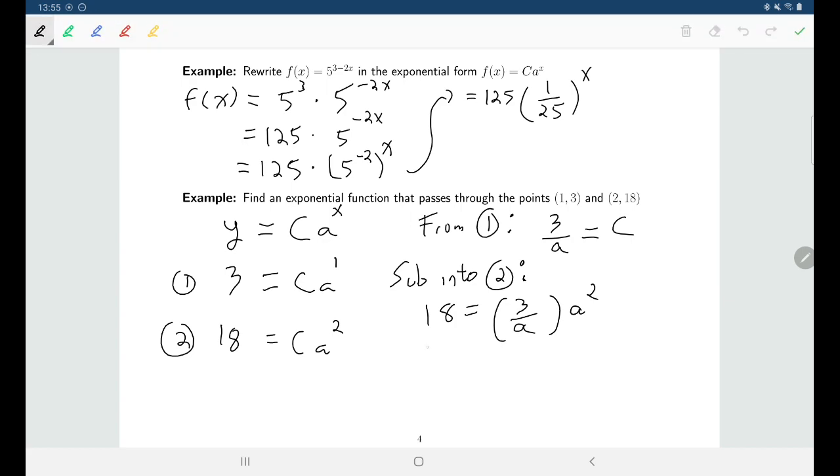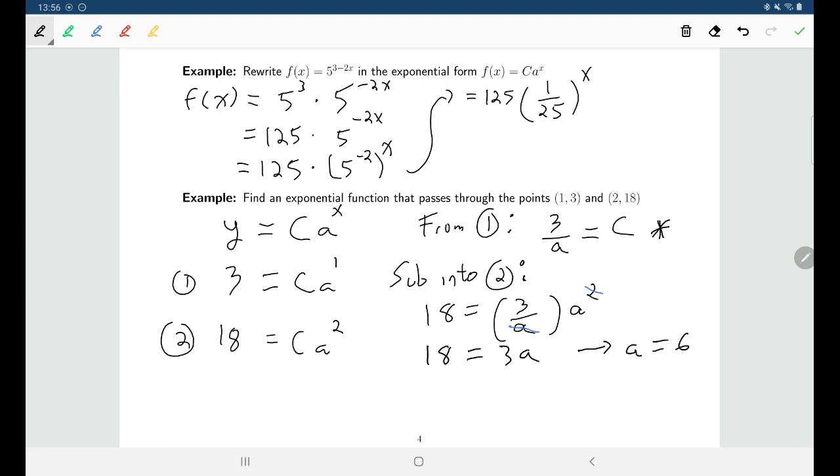I have on the right-hand side 3 divided by a times a squared, that the a and one of the a's here will cancel. So you would have that 18 is equal to 3 times a, and from that you can find out that a should be 6.